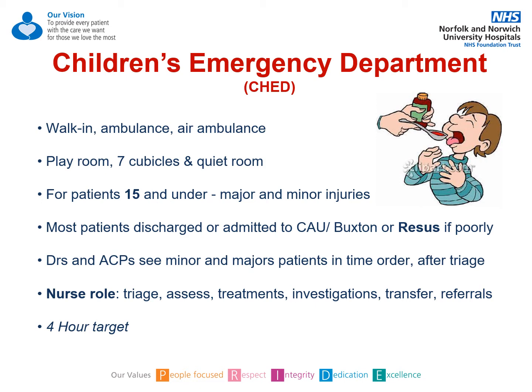So they do need to be escorted by a nurse, or they might have to send them around to resus if they deteriorate or they think they're quite poorly. And we've got again a mixture of doctors, ACPs and EMPs that see all of the children as well. They sort of rotate. And yet again, we've got that lovely 4-hour target.